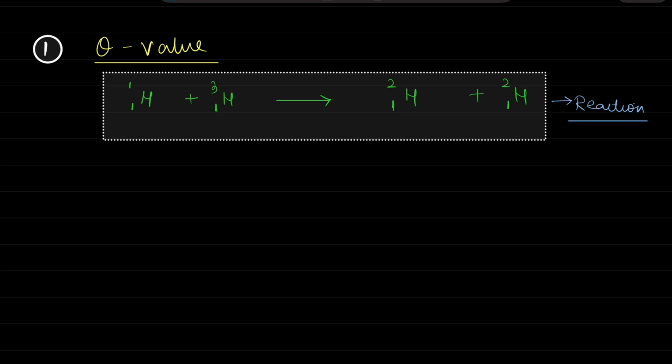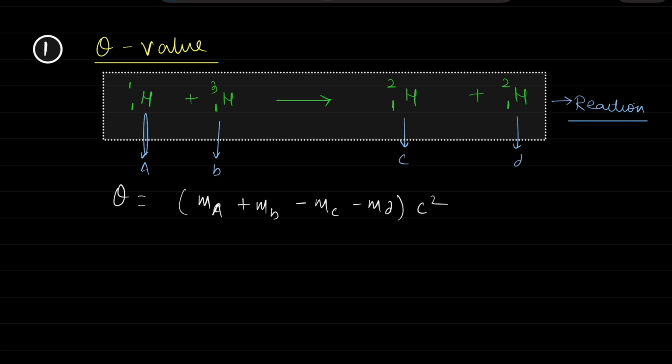So according to the question, Q is equal to mass of A plus mass of B minus mass of C minus mass of D, into c squared. This is our A, here is B, this is C and here it is D. So let's substitute the mass of A. This is the mass of A, we have to write for the protium.